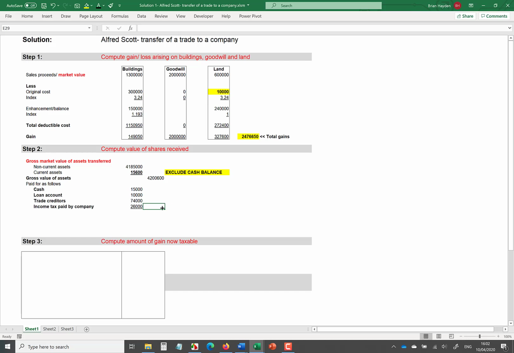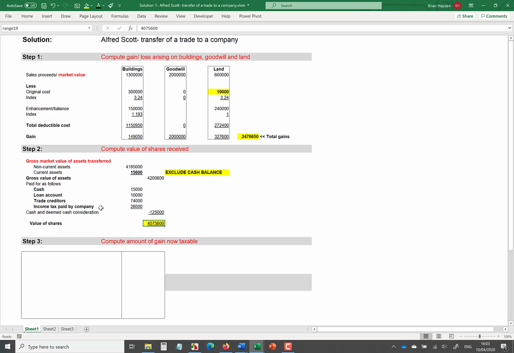So that's a total then of 125,000 in those elements, and therefore the rest of the consideration must have been paid for by shares. So the value of the shares is coming in as 4,075,600.